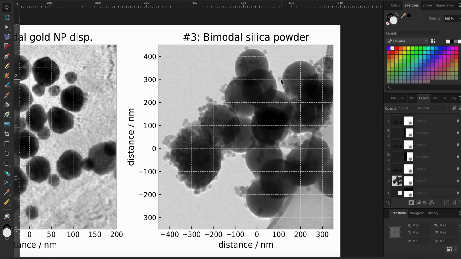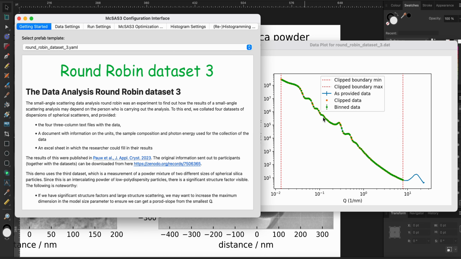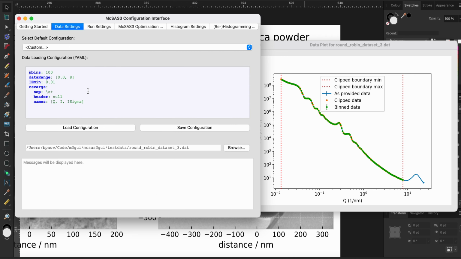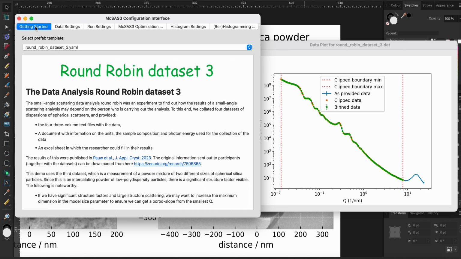So we have really, really small particles, and then we have particles that are 10 times bigger. And this is packed into a powder. So these components intercalate, and they create these structure factor effects in there. Quite prominent structure factors.